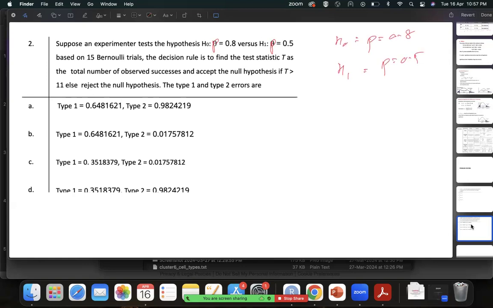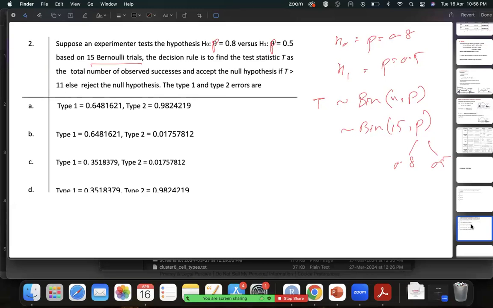This test follows a binomial distribution n comma p. In the question, it's given that it is based on 15 Bernoulli trials, so it follows a binomial distribution 15 comma p. This p could be either 0.8 or 0.5.